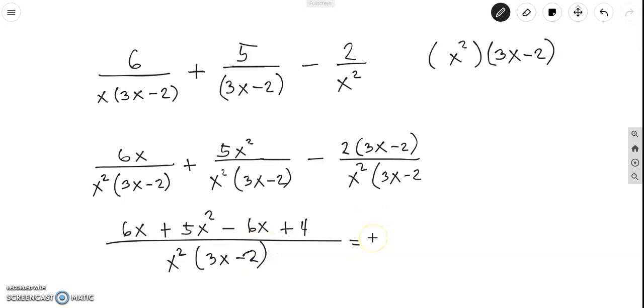After that, simplify the expression. You will have 5x squared plus 4 over x squared times 3x minus 2.